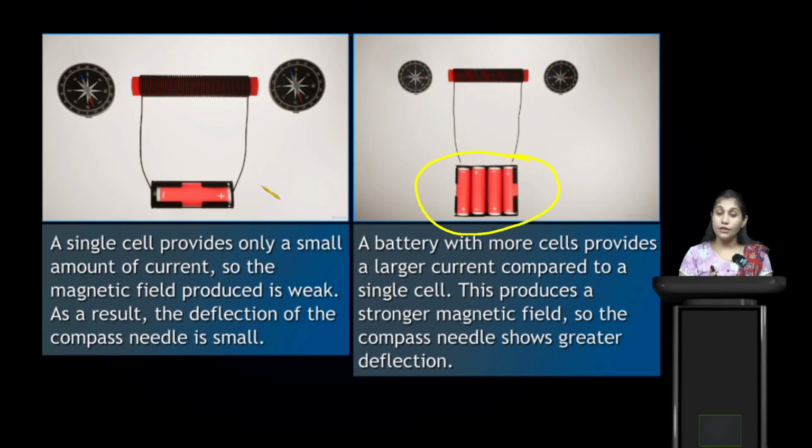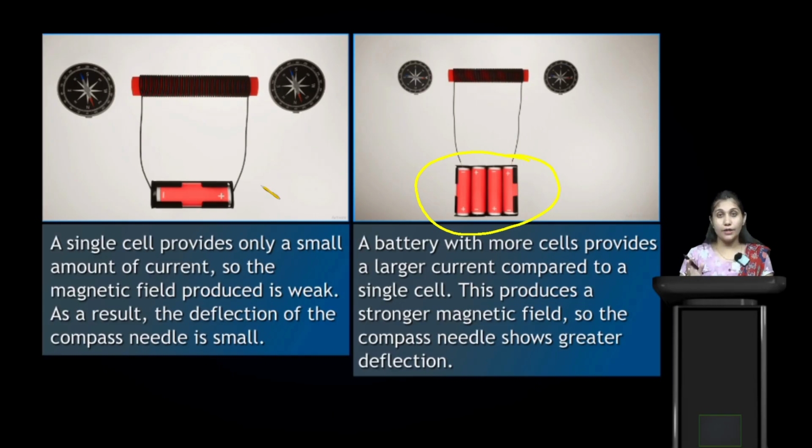Okay, so we have got two cases. If we use a single cell battery, the electric current which flows through the wire is a small amount. If the electric current is small, then the magnetic field which generates is weaker. If the magnetic field is weaker, the deflection is smaller.